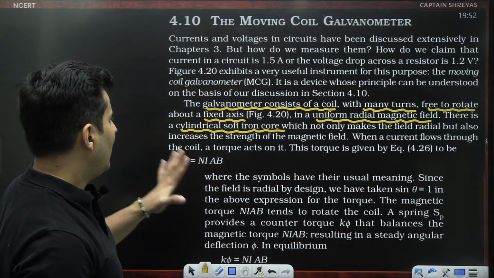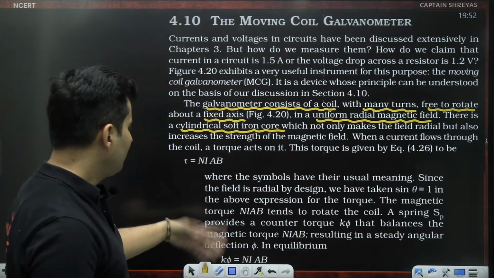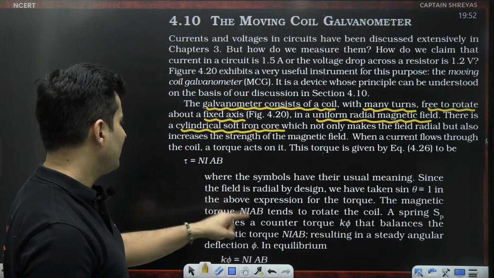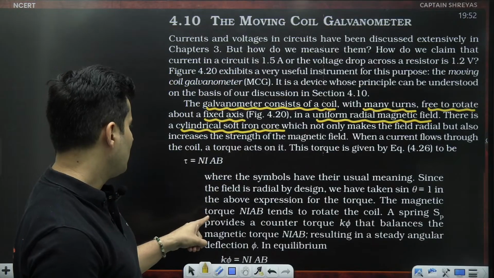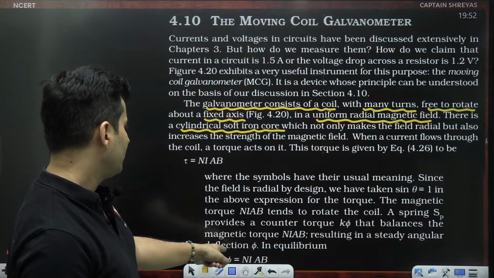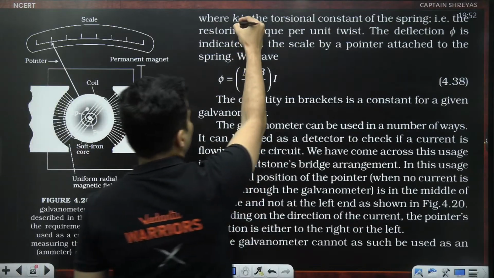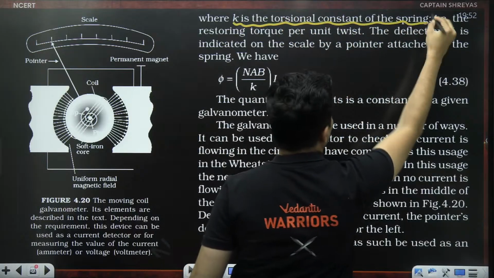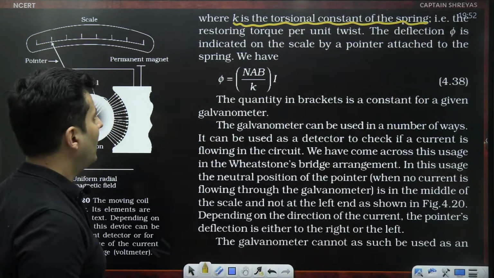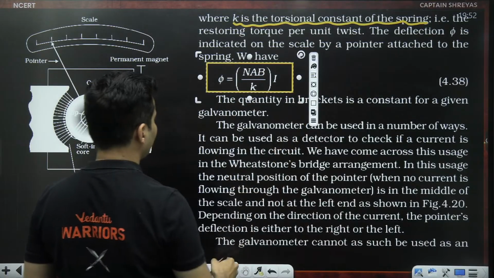Okay. And when the current flows through the coil, there is a torque which acts on it, and based on that torque, you basically measure everything else. Resulting in a steady deflection, where K is the torsional constant of the spring inside, and from that you basically get this formula.